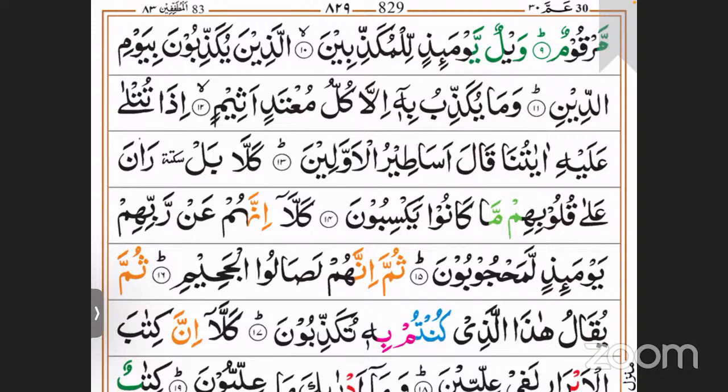Read after me. A'udhu billahi minash shaitanir rajim.